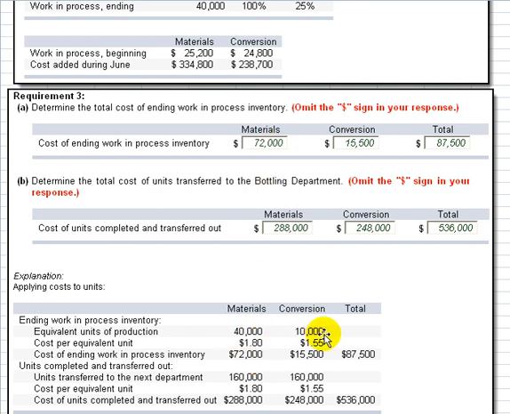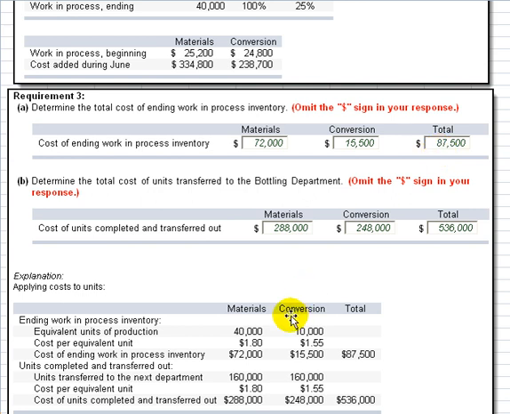With conversion, we had 10,000 in ending, which is 40,000 times 25% complete. We calculated that early. We multiply the 10,000 times the $1.55 and come up with 15,500. That number goes there. Add those two across, and we have $87,500 of cost of ending work in process.